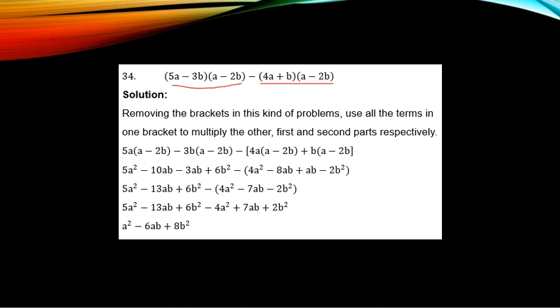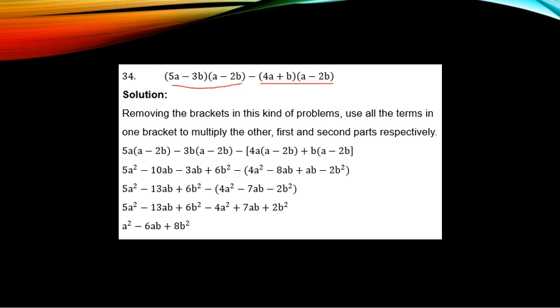What it means is that in the first part, where you have 5a minus 3b in bracket, then a minus 2b in bracket, you use all the terms in the first bracket, that is 5a minus 3b, to multiply all the terms in the second bracket, or you use all the terms in the second bracket to multiply all the terms in the first bracket.